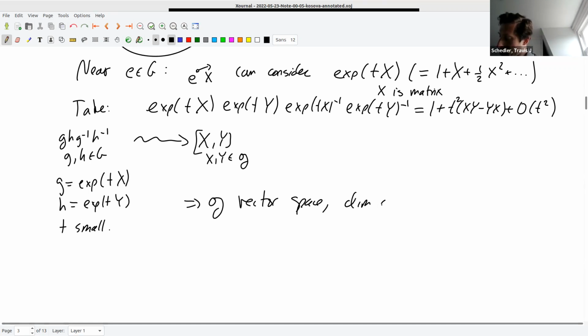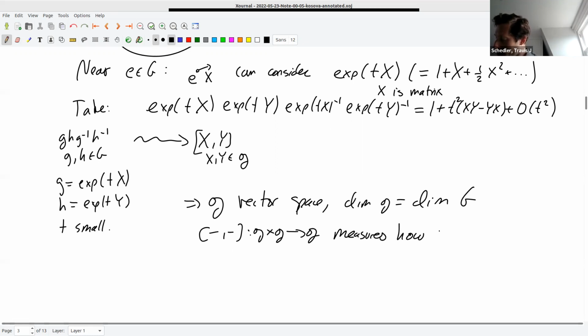The dimension of g is the dimension of the group G, and the commutator measures... So this commutator, again, it's a map from two copies of g to itself, measures how non-commutative or non-abelian G is.